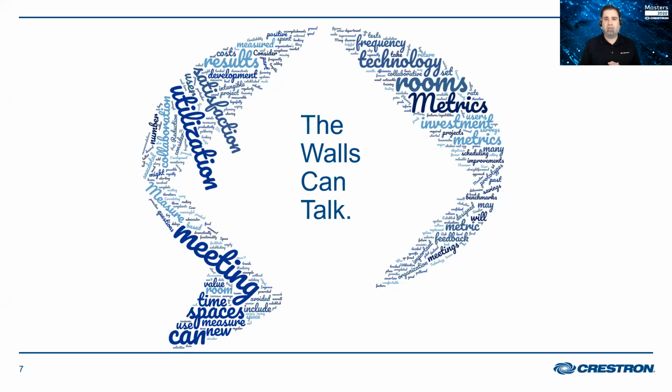Why is the flip top on the left-hand side of the table used more than the flip top on the right-hand side of the table? Maybe it's because it's closer to the door, but when we start asking questions and digging into it, we find out that it's actually because there's a charger in that flip top, right? So now there's an opportunity. Maybe they need more charging opportunities in these spaces. So it's about iterative design, but if you don't have the data in front, you can't use that data to form information for the future.